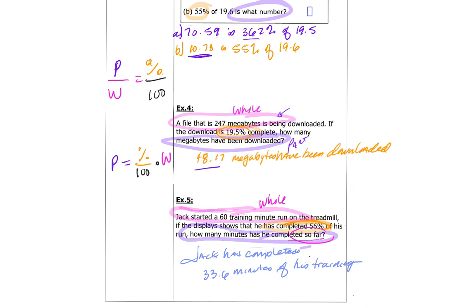That's the key phrase, so far. And so you would say Jack has completed 33.6 minutes of his training so far. Now, you got to remember that if they want it rounded to minutes, that's going to be 34 minutes, right? But 33.6 is an accurate answer.